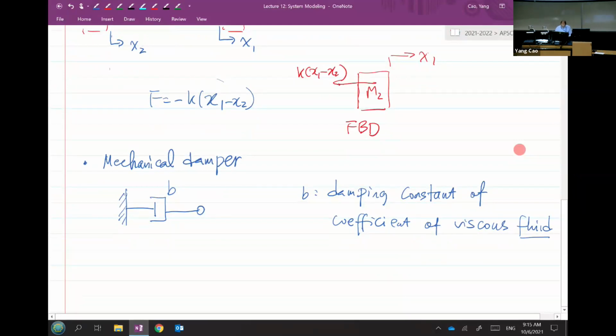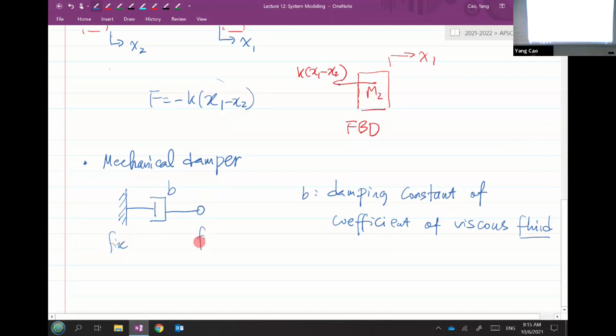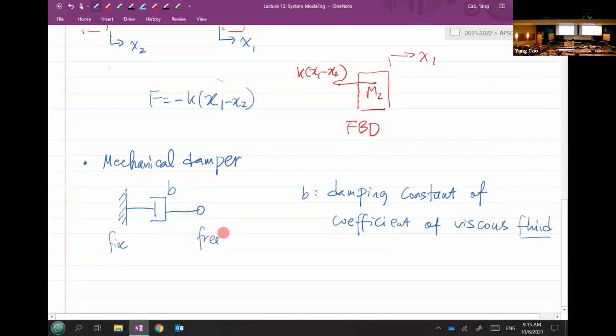So same as the mechanical spring, there are always two ends for a damper. Okay, so we can start with one fixed, one free end for this damper, and then we can label the displacement of this free end as x. Very much like the spring.